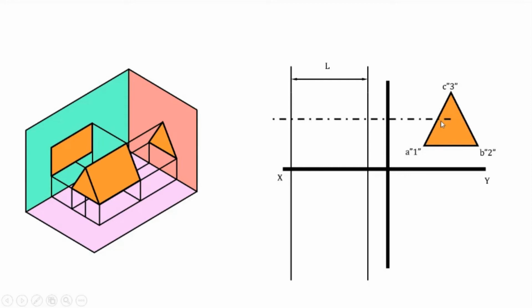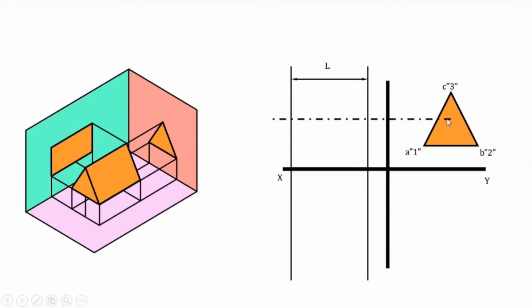By drawing these two lines, you can find the centroid of this triangle. The point of intersection of these two lines will be the centroid of this particular triangle.